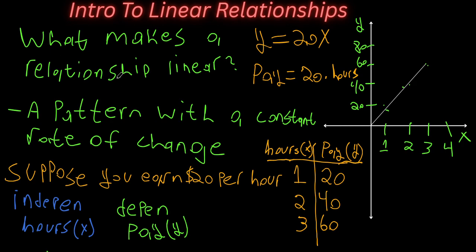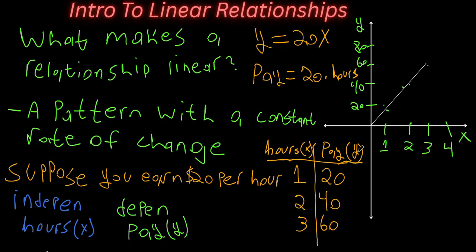We've gone over all of this. We understand what makes a relationship linear. We understand that it's a pattern with a constant rate of change. We know that if you earn $20 per hour, we could place it in a table like this. We learned the difference between the independent variable and the dependent variable.